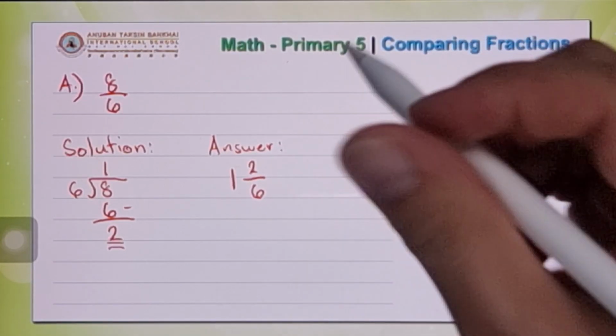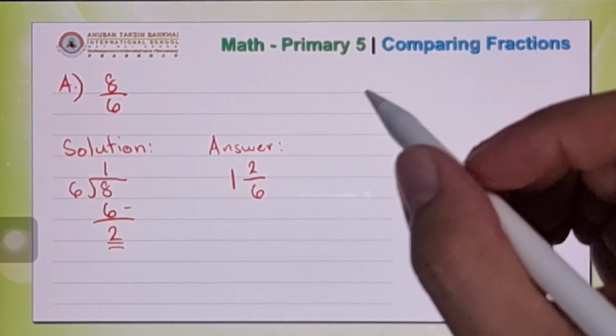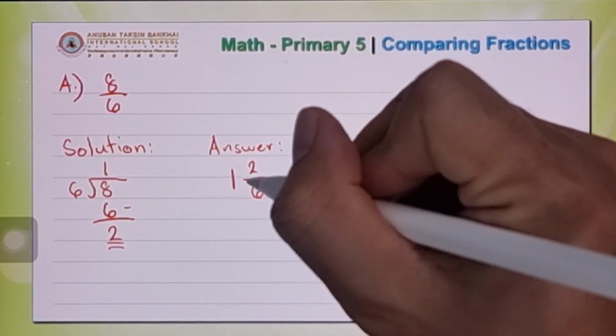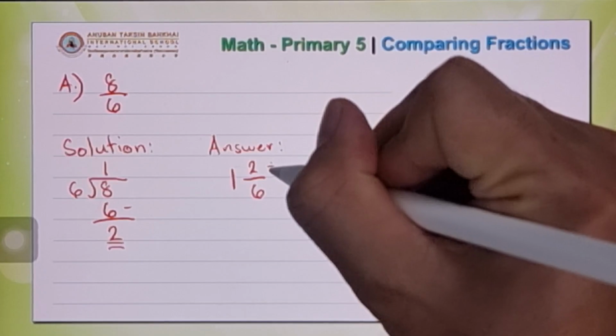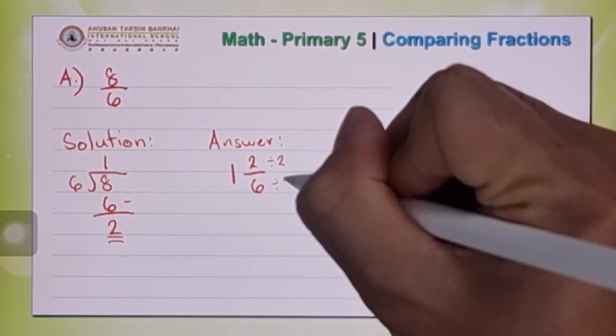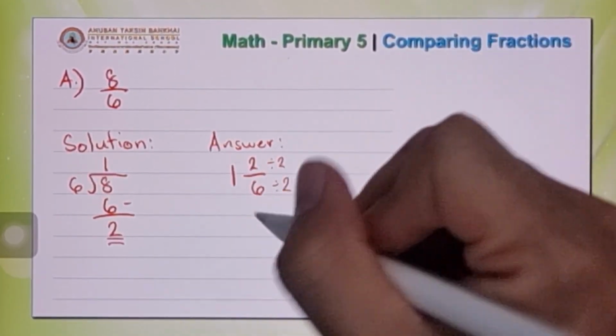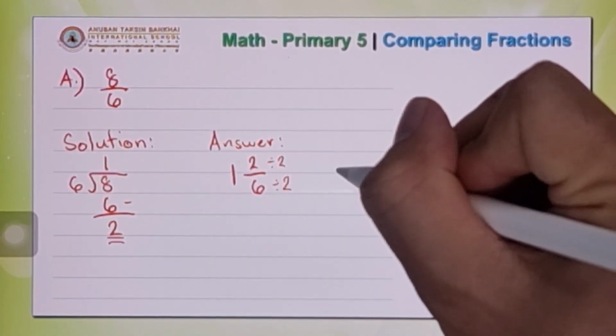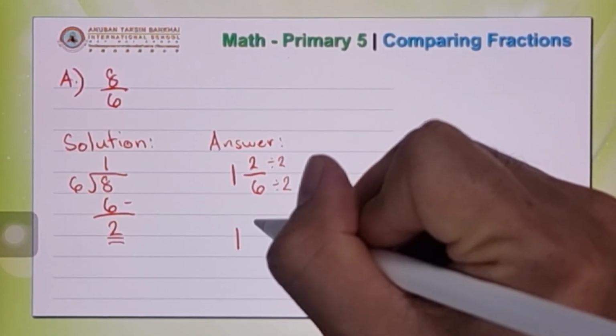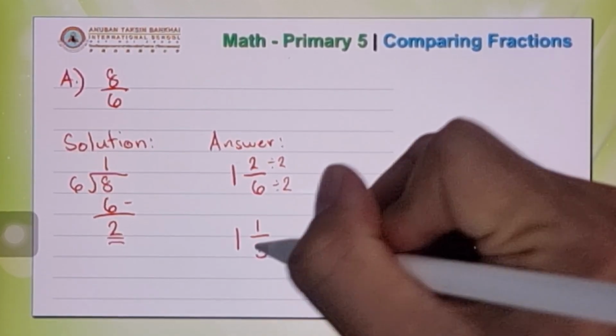So let's try to simplify our answer. Instead of writing 1 and 2 over 6, we can still divide this by 2, right? Therefore, our final answer will be 1 and 1 over 3.